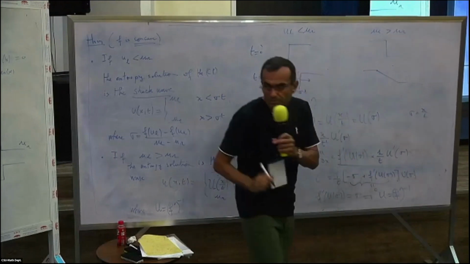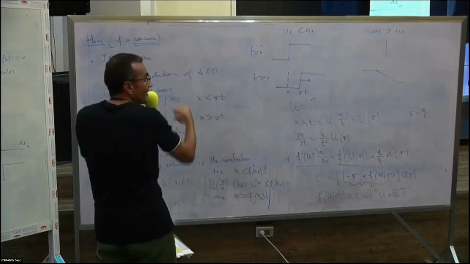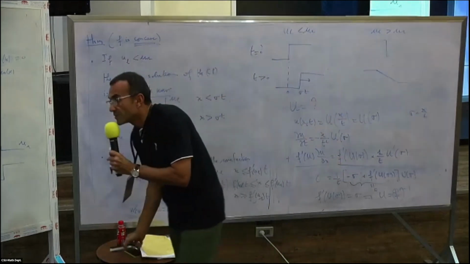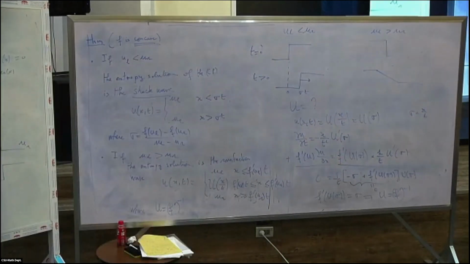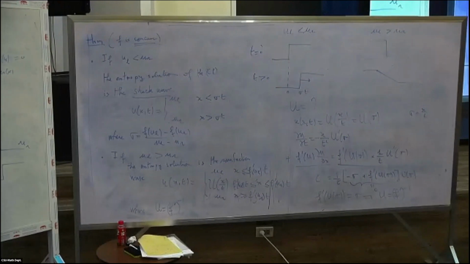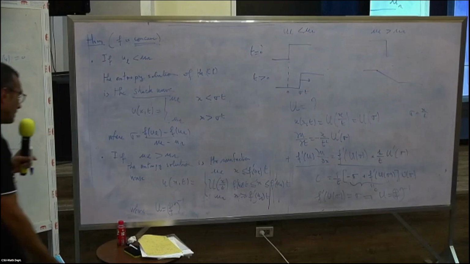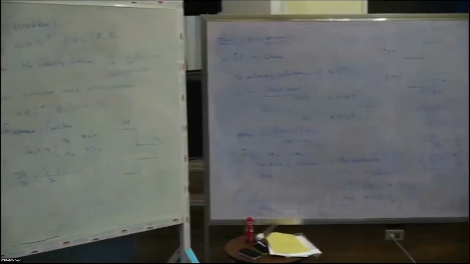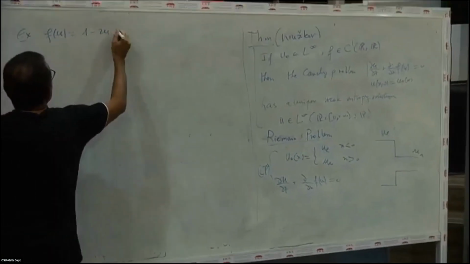Okay? So we'll see that the function I gave you, we calculate it this way. Okay, we take just the inverse function. I will show you. So example, if f of u is 1 minus 2u, we call it v.